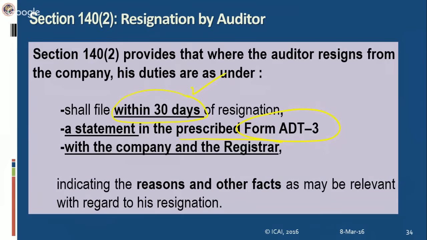I again explain section 140 subsection 2. It provides that where the auditor resigns from the company, his duties are to file within 30 days of resignation a statement in the prescribed form ADT3 with the company and the registrar, indicating the reasons and other facts as may be relevant with regard to his resignation.